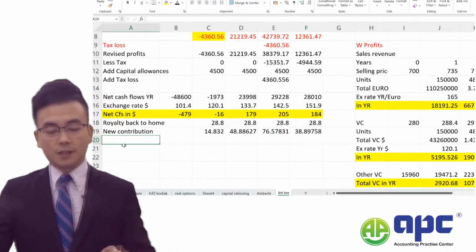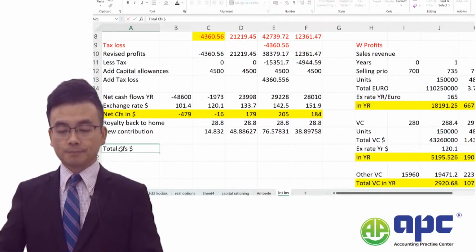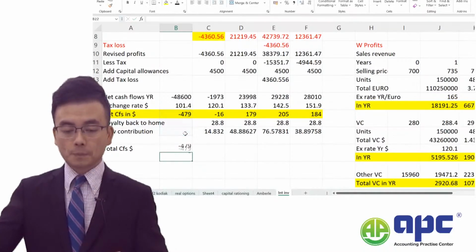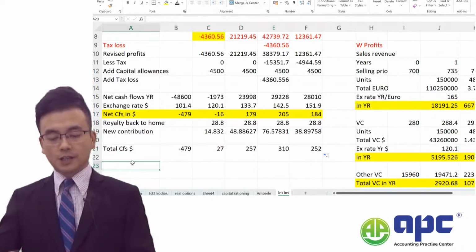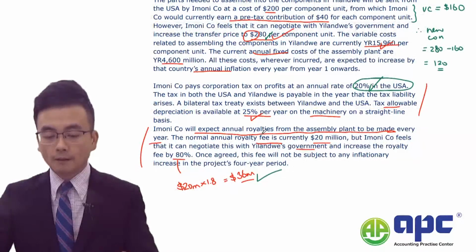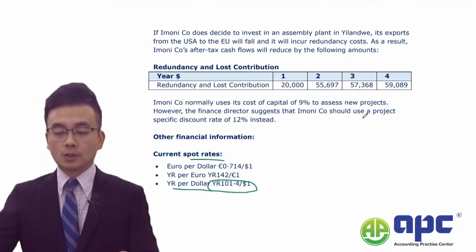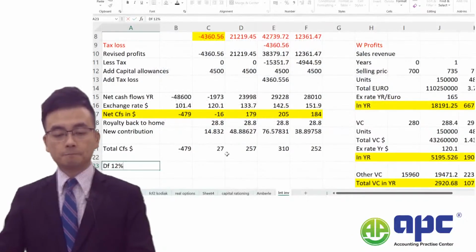So once we've done with that, the total cash flows in dollars, let's sum all these down. And then finally, to discount, what will be the discount rate for this project? We were told we use the project-specific discount rate of 12%. Okay, 12% there.